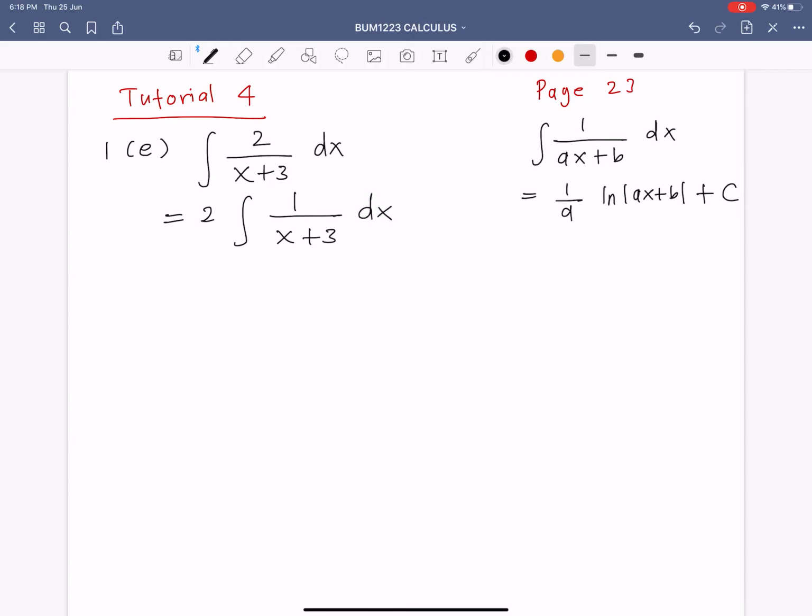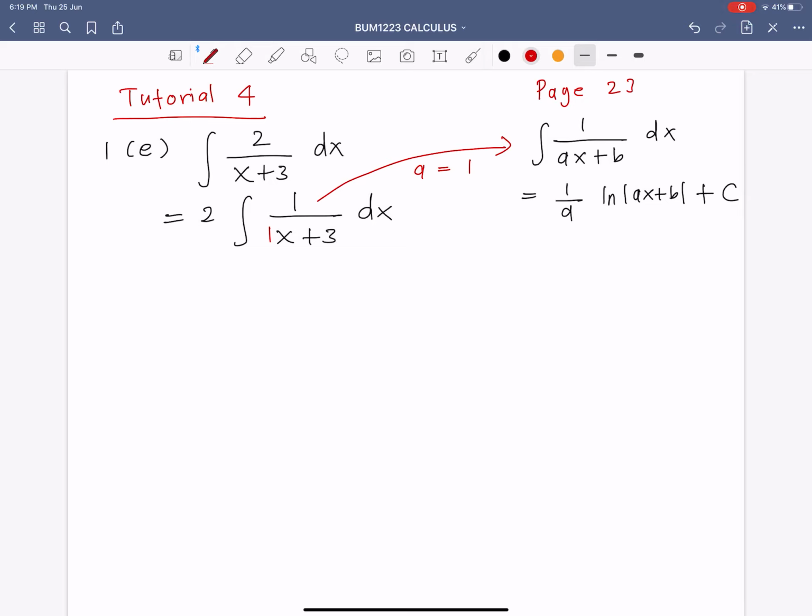If you compare this with the formula, we can see that our a is equal to 1, because x here is actually 1 times x. B is 3 here, but we want to know what a is.